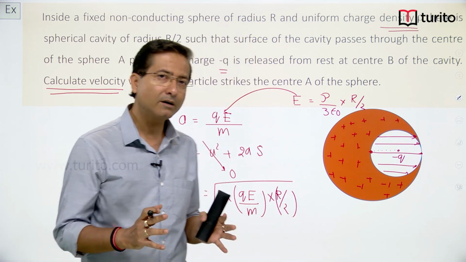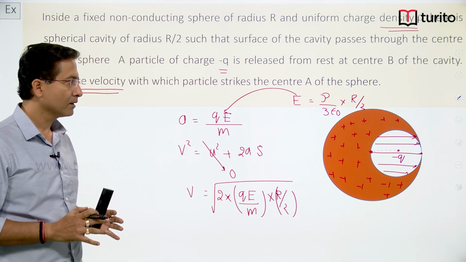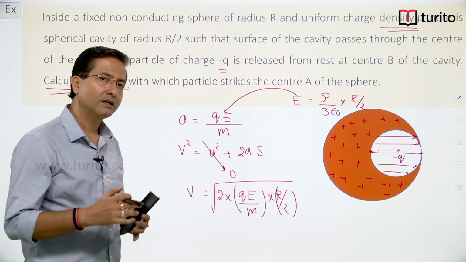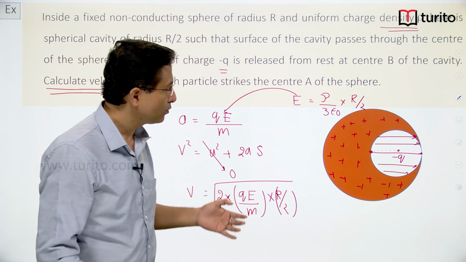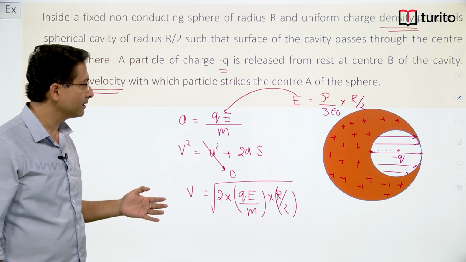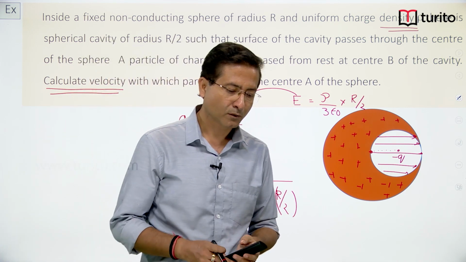Remember all the expressions we have derived, because if you remember them then you can save time during the exam. You can directly write the expression and solve the problem. Today I have taken all the examples of uniform field. Tomorrow I will take examples related to non-uniform field, right.